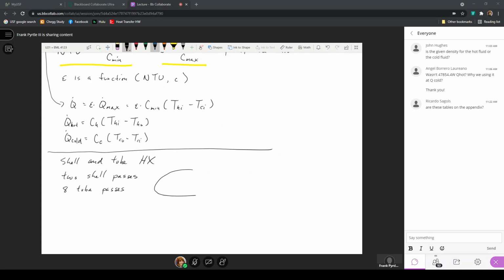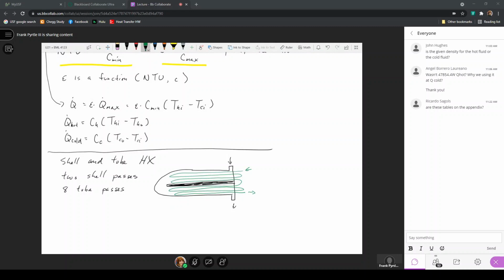So what does this look like here? If this is my shell with an inlet and an outlet, and it has 2 shell passes, here this will just be a barrier, a solid baffle. So the fluid comes into the shell, flows along the length once, along the length twice, and comes out. 8 tube passes: this will be 1, 2, 3, 4, 5, 6, 7, and 8 tube passes here.